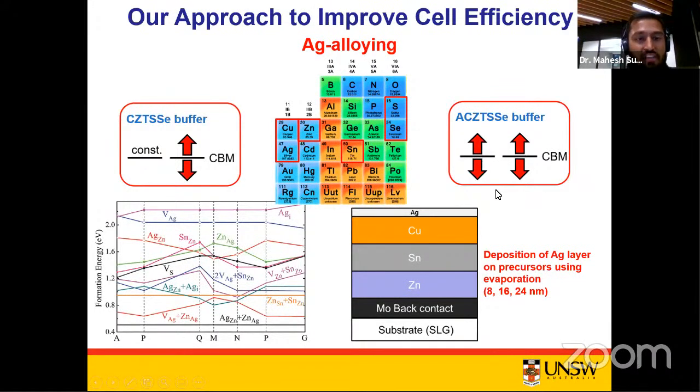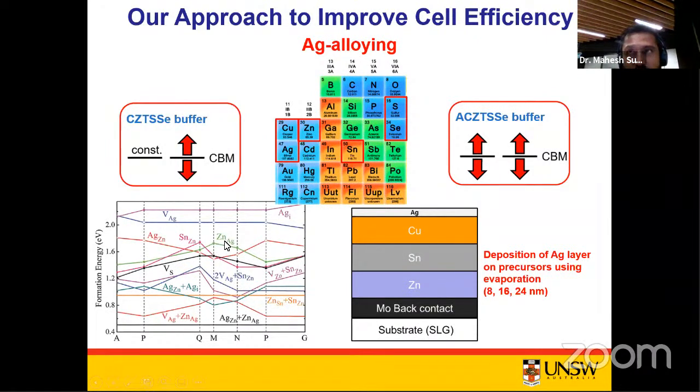Based on these density functional theory calculations, here you can see this plot, the partial substitution of the copper site by Ag in the kesterite system. Based on the DFT calculations of the ACZTSSC, we can tell that the intrinsic defect densities like Ag over zinc and zinc over Ag, and the anti-site defect related clusters like Ag over zinc plus zinc over Ag, or twice Ag over tin plus tin over zinc, are expected to be an order of magnitude or more lower than that of the CZT-SSC system.